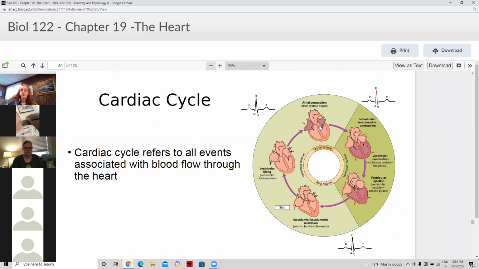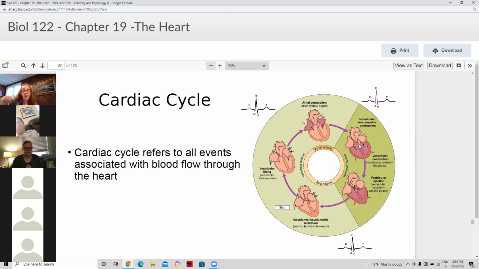Atrial contraction. Here we start right here. Blood is filling the ventricles. The atria then contract. This is atrial systole.